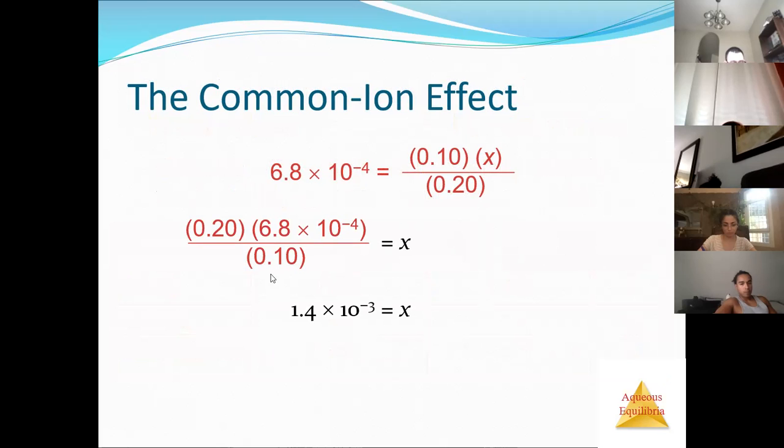I do this and I find that my X value is 1.4 times 10 to the minus 3 molar.